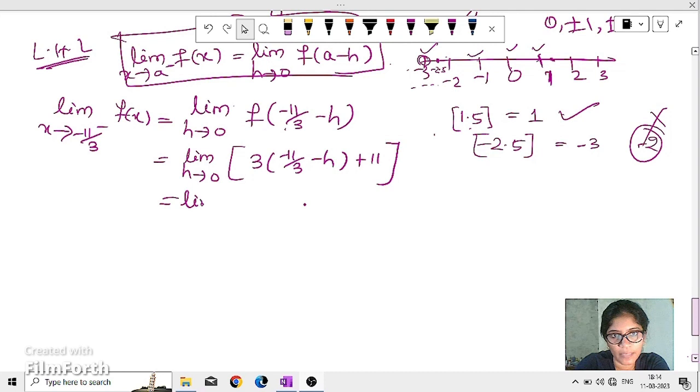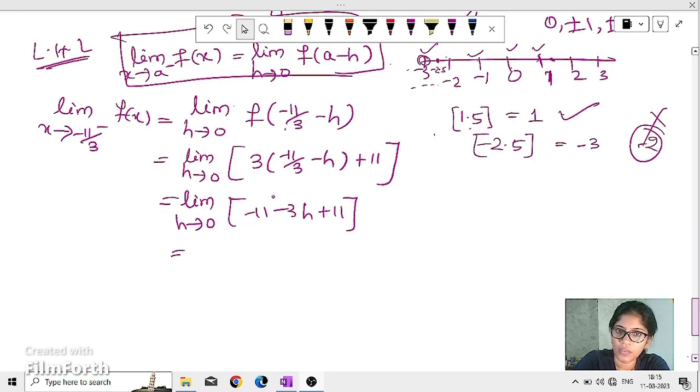Which is equal to limit h tends to 0 of 3 into minus 11 by 3, which is minus 11, minus 3h plus 11, which equals minus 3h. The 11 and 11 cancel, plus and minus. So minus 3 into h.